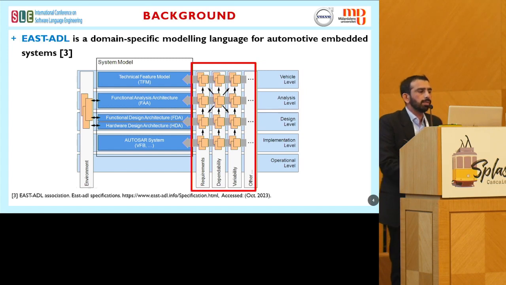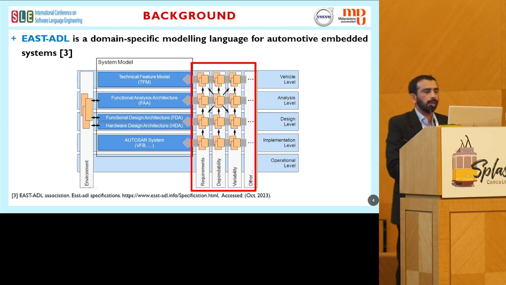In addition to these levels, there are other packages in EAST-ADL like requirement, dependability, variability, and so on. These packages can be applied at any of these levels as shown here. For instance, timing constraints can be annotated in the system model through the timing package. So this is the overall architecture of EAST-ADL.